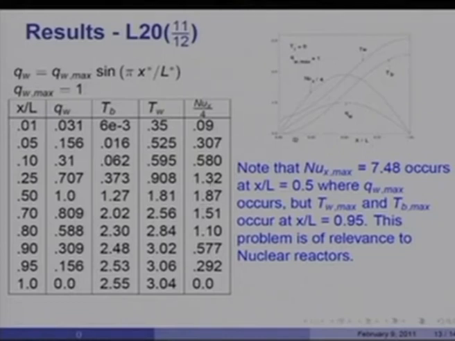So, you can see that if we were to assume simply that wall temperature was constant, we would get a very wrong picture of what happens, but because we have assumed a sine function, we get T bulk and T wall variation, which are different from what it would be if we had a linear distribution of constant wall heat flux.